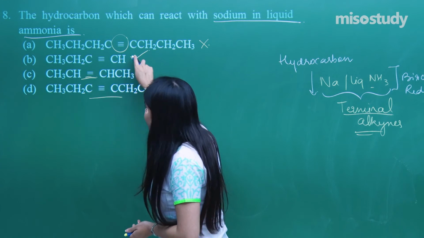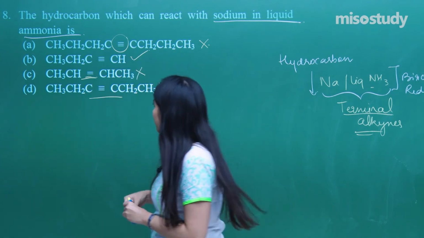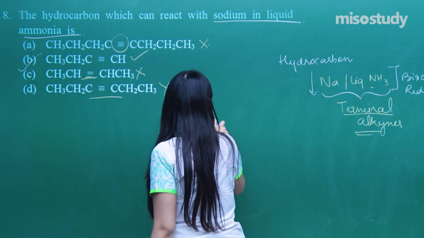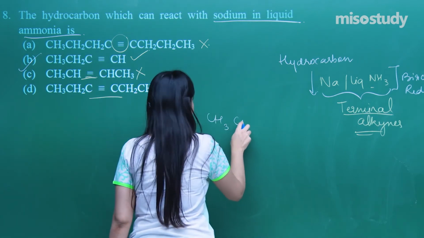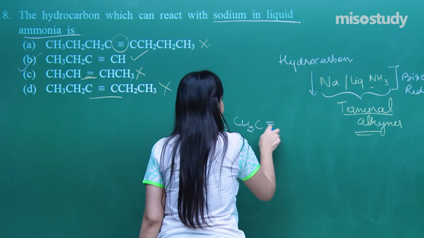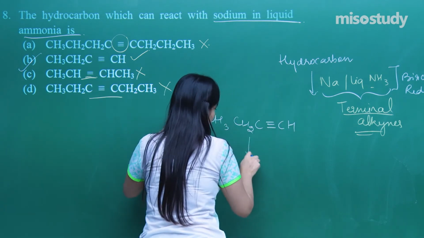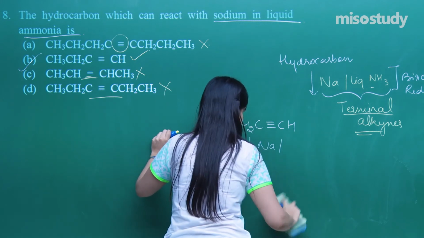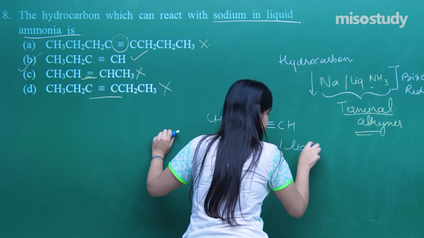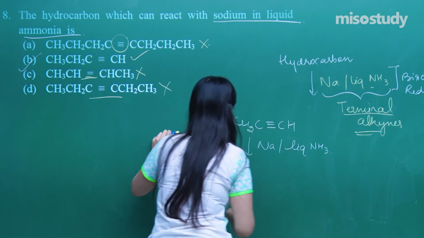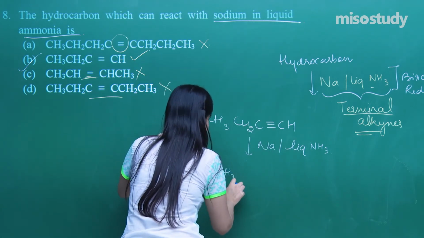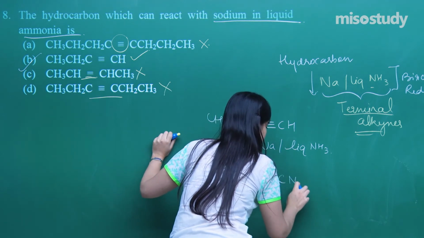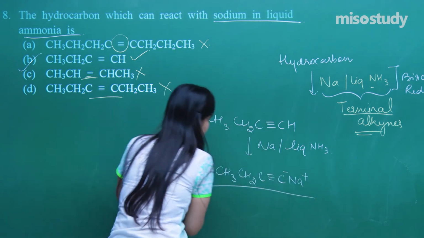So here let us just try to perform the reaction. We have got the answer here, that is B, and the reaction would be, what happens? Na in the presence of liquid ammonia, we get CH3CH2C⁻Na⁺, C negative, Na positive.